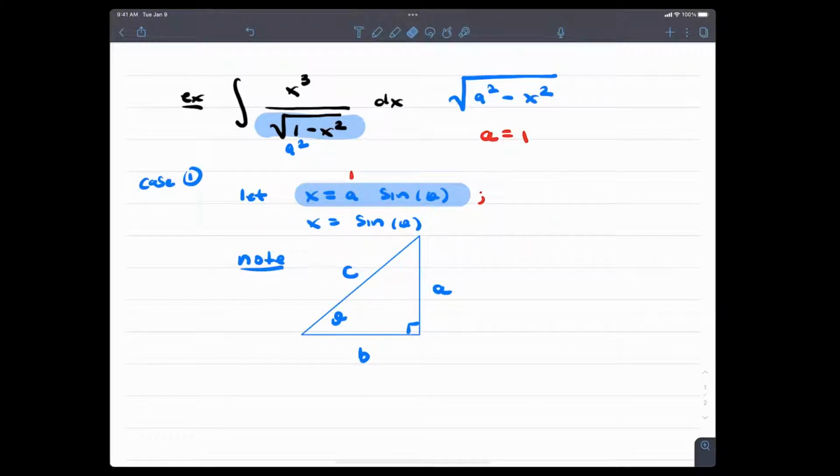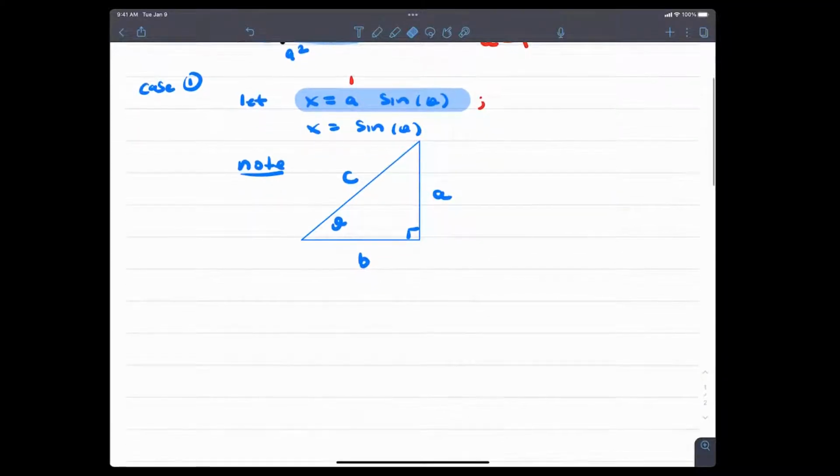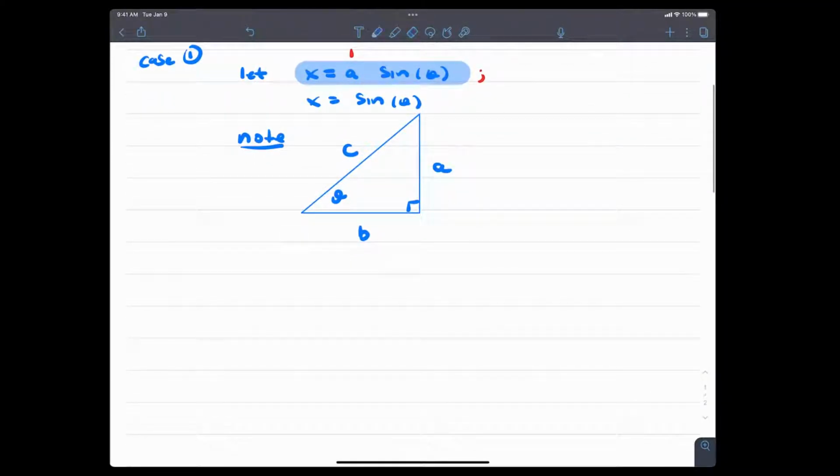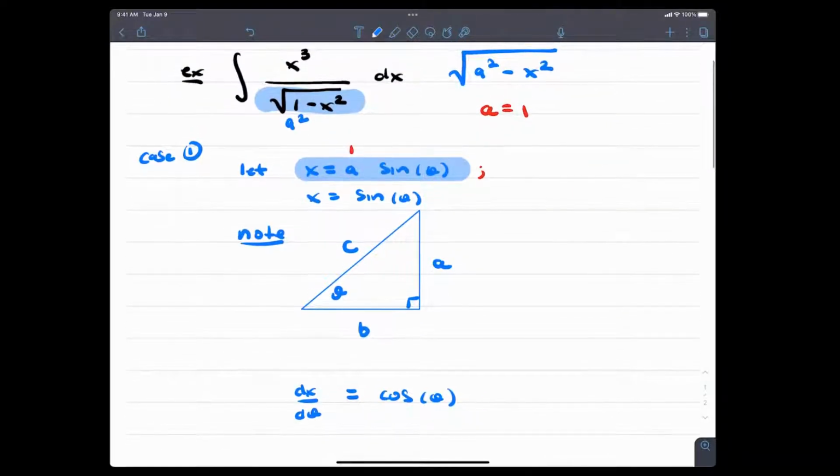So once you know what x is, it's sine theta here. What you're going to need is that dx d theta. So you differentiate. So you say, okay, dx d theta, what's the derivative of a sine? Right? That's cosine. But this is a substitution. What I mean by substitution, we want to know what dx is.